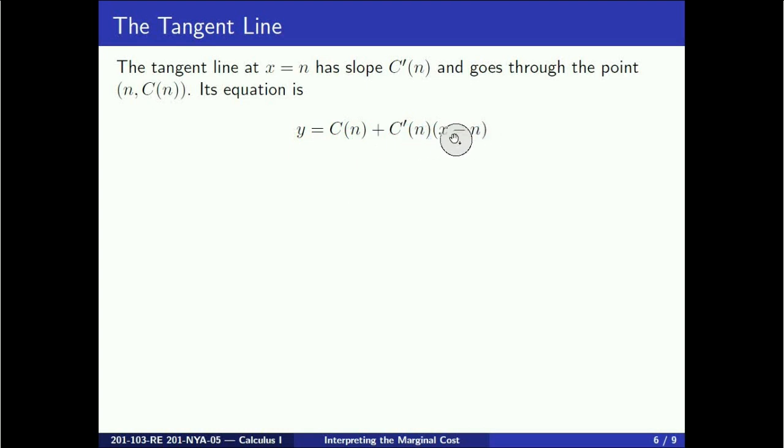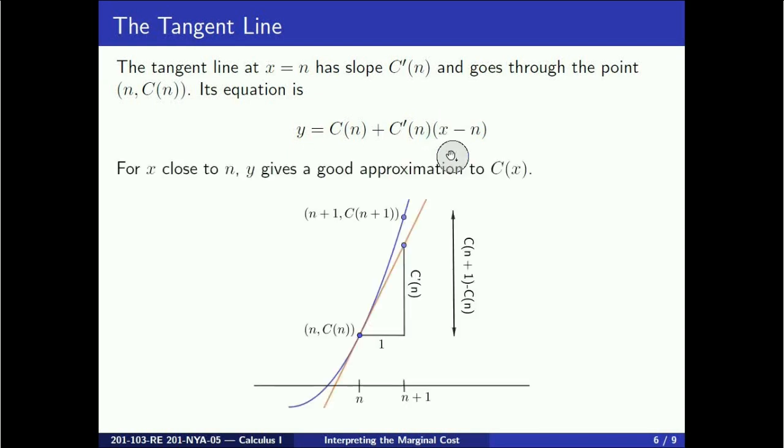Remember that n is some fixed value and x is still the variable in this equation. Because the tangent line in red is close to the cost function in blue when we are near the tangency point, when x is close to n, the value of y is close to the value of the cost at x. In other words, y is close to C of x.